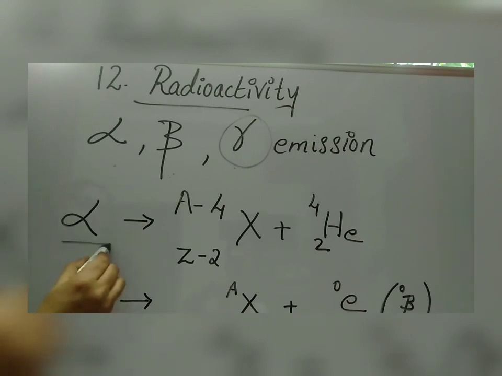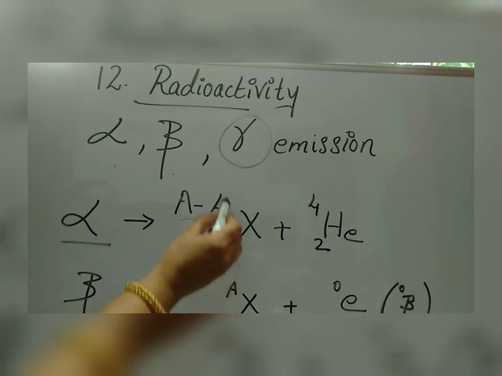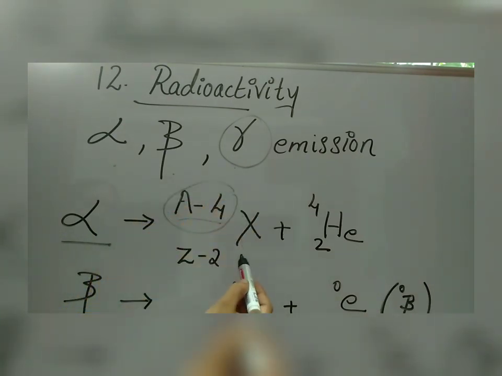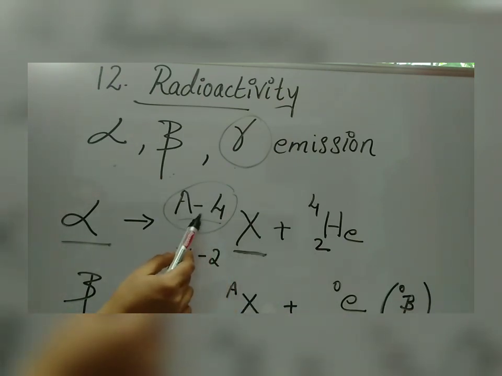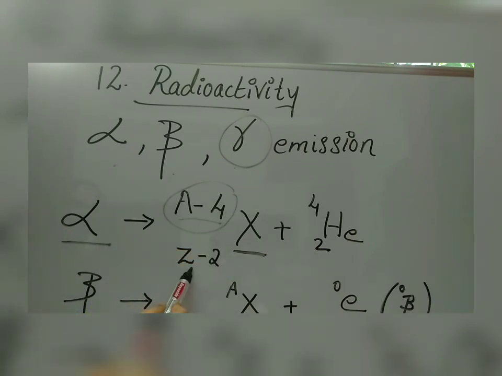And for an alpha particle, if an element emits an alpha particle, its mass number, here this is the mass number, this we will consider as a parent nucleus. From the parent nucleus, the mass number will be reduced by 4 and the atomic number reduced by 2.